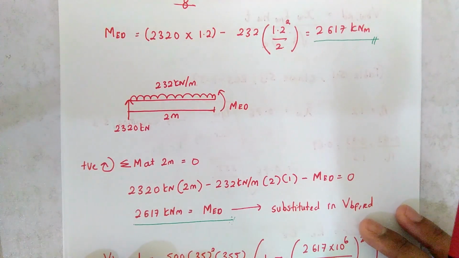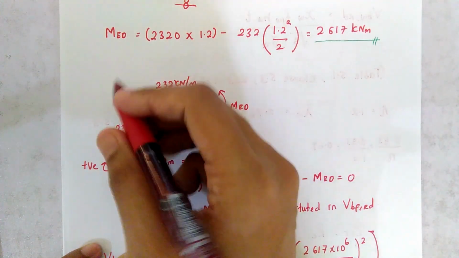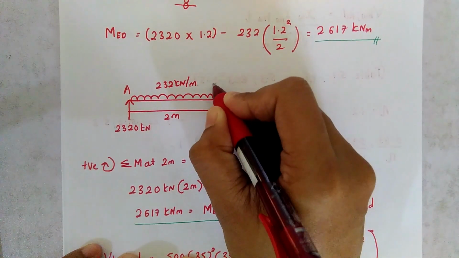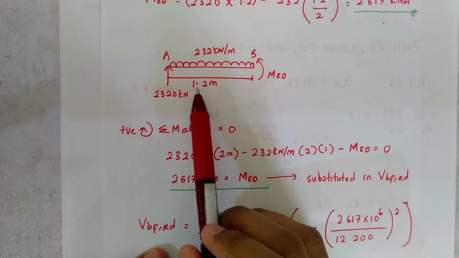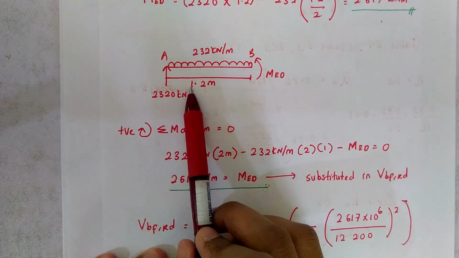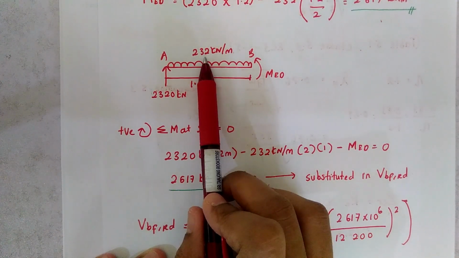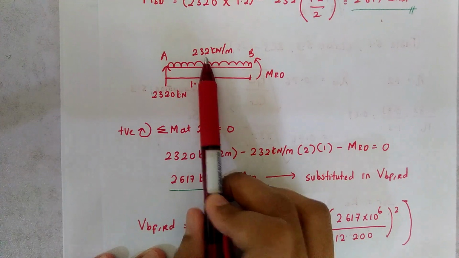Okay, for MED, this is how you calculate MED. You can see this is a cutting section, panel A, B, from A to B, with 1.2 meter, 2320 MED, and the loading is 232 kilonewton per meter.